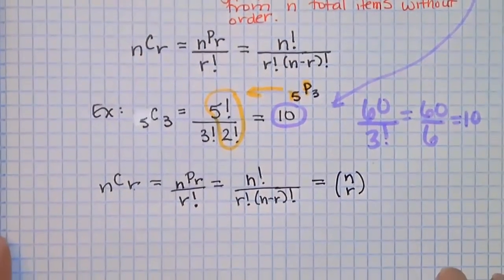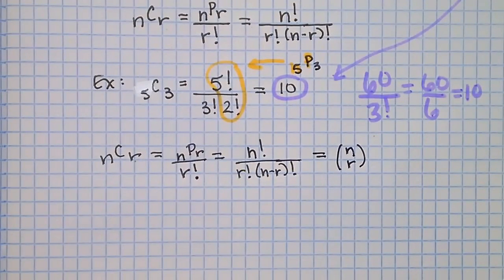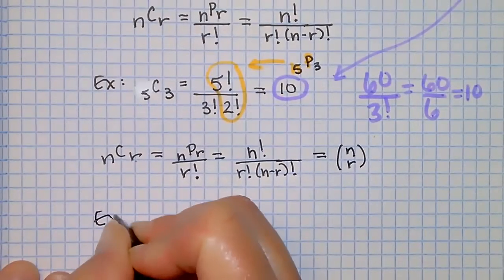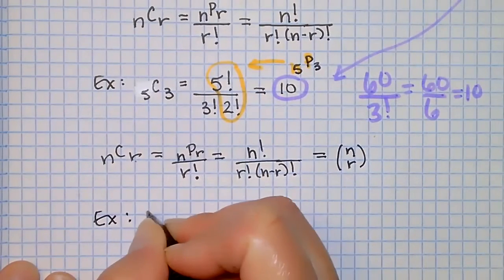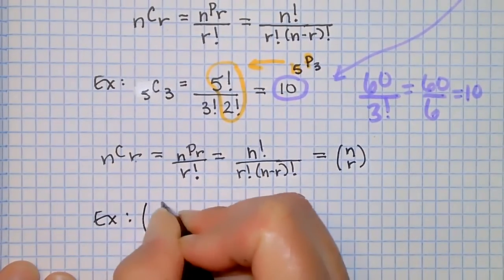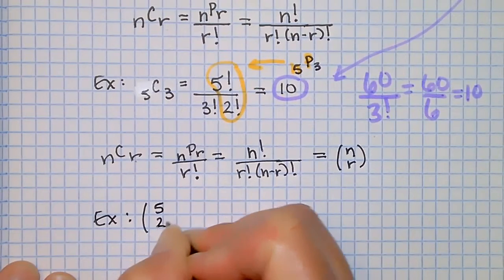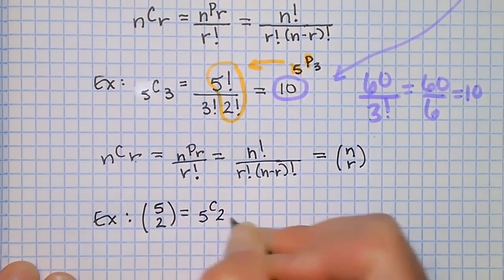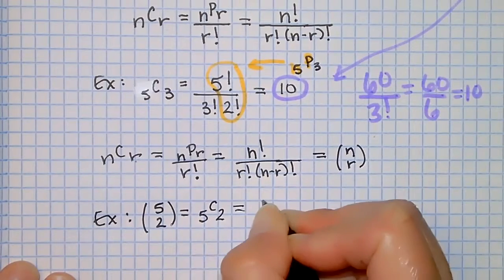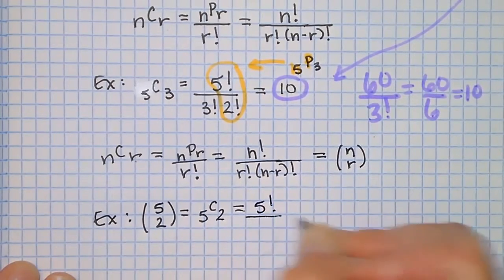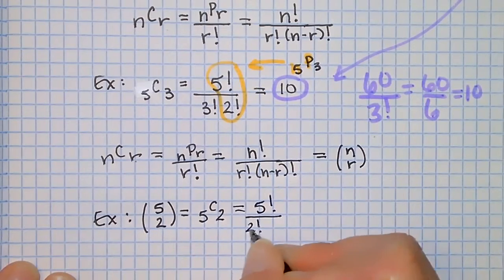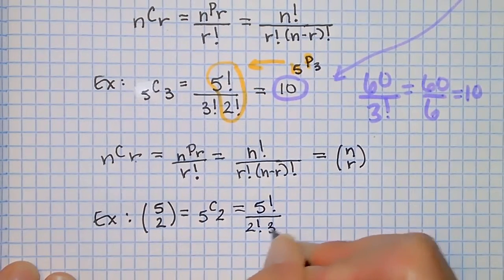So let me just scooch this down. So let's say, for example, I have 5 choose 2. So again, this is really 5 choose 2, which is going to be 5 factorial over, and then again, I usually start with this number, 2 factorial, and 2 plus what gets me 5? 3.